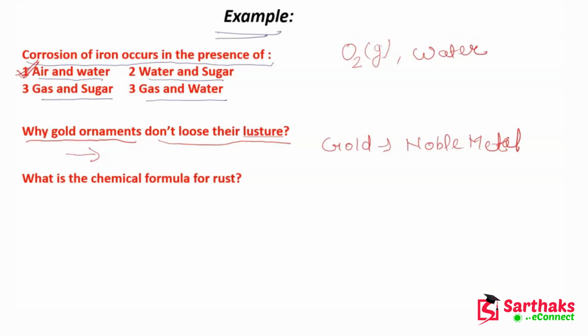Now guys, let's talk about the chemical formula for rust. Okay, so what is the chemical formula for rust? We had seen when I told you the equation for rusting, that when Fe reacts with oxygen and water, then it produces Fe2O3.xH2O.